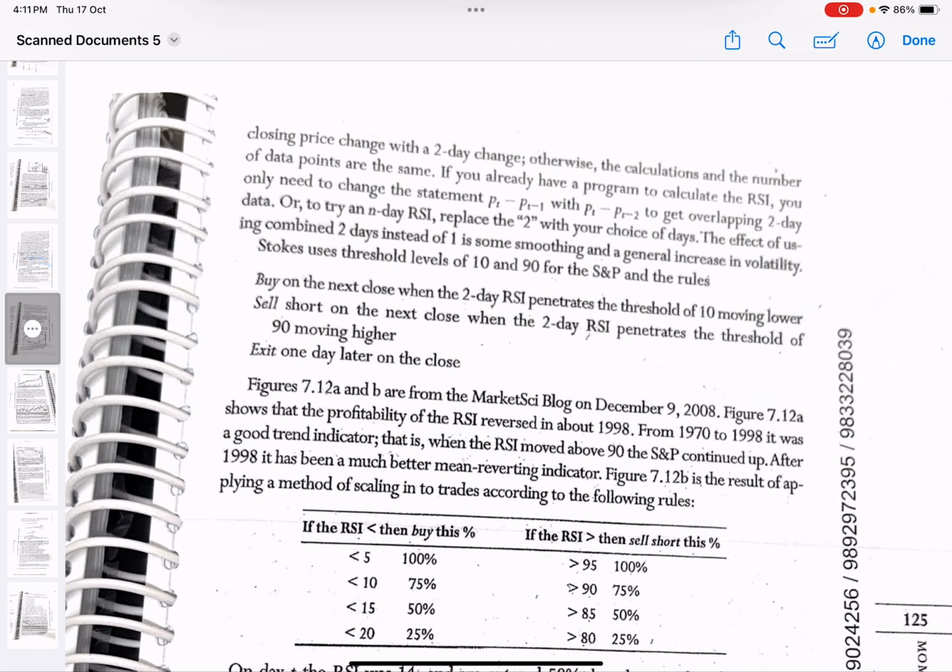If you want to use a 3-day period or a 4-day period or any n-day period, that is also possible. You can do that on your own.